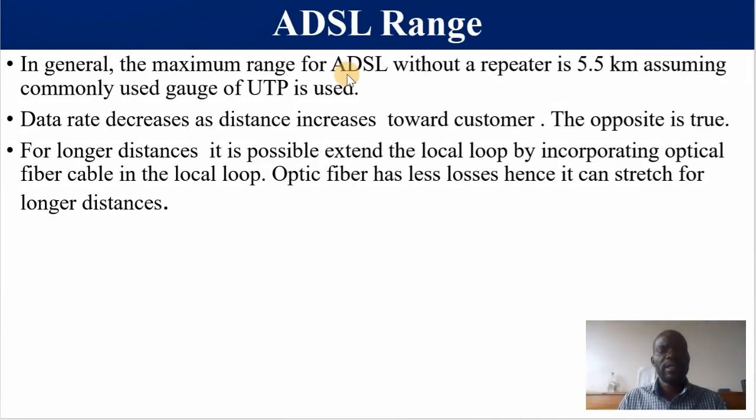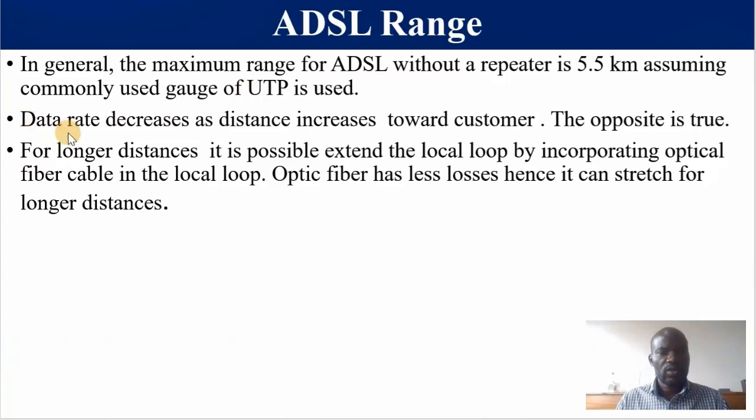Every transmission media has got a range. We are now going to look at a range, and we are saying ordinarily ADSL can go for a distance of 5.5 kilometers from the exchange or from the DSL, and the assumption is we are using the most commonly used American wire gauge for the transmission of the ADSL signal or for voice signal.